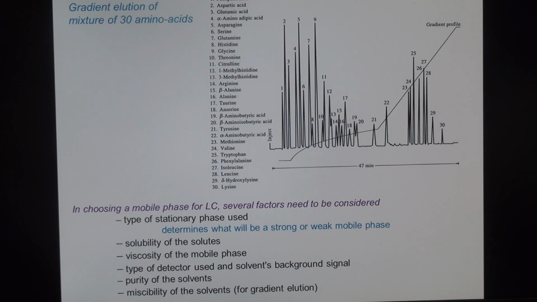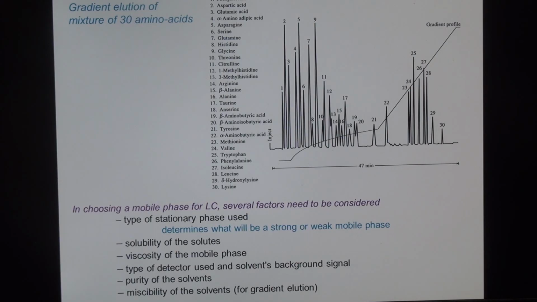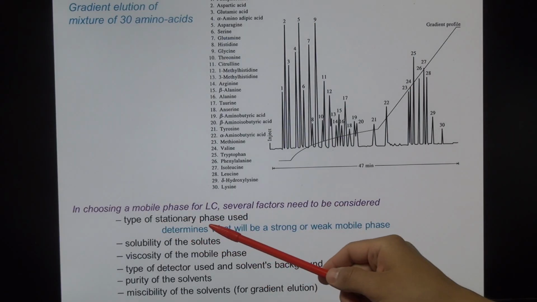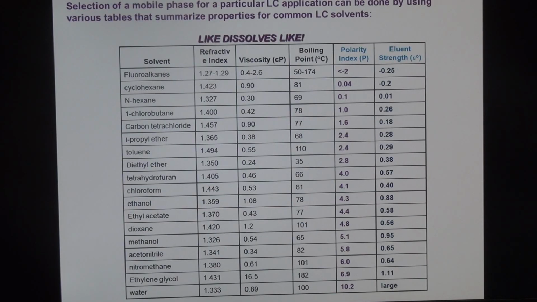Alright, so if I summarize, in choosing a mobile phase for LC, several different factors should be considered: types of stationary phase, such as size of particles, uniformity of particles for the packing material, solubility of solutes, viscosity, types of detector, purity and miscibility, etc. Especially the selection of a mobile phase can be done by using this kind of table, by checking the properties of each of these solvents, right?